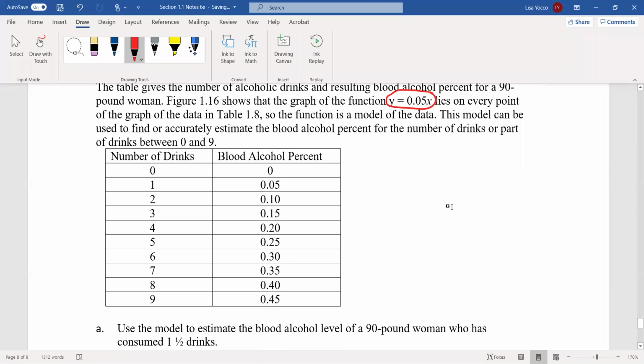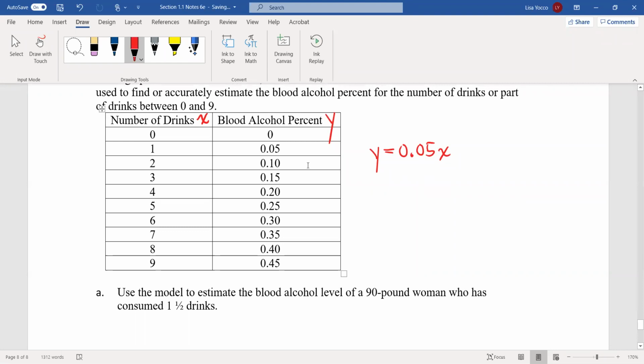So if we use the function y equals 0.05x, I probably should have indicated what the variables are. So x would be the number of drinks, and y is the blood alcohol percent.